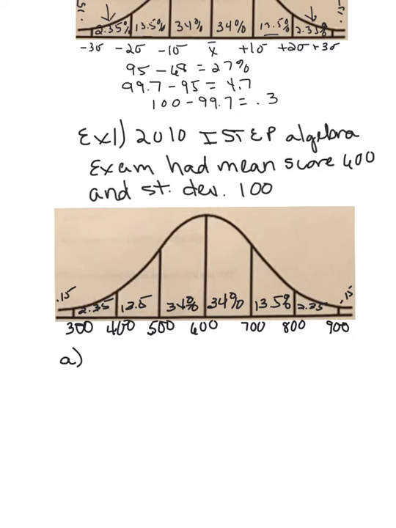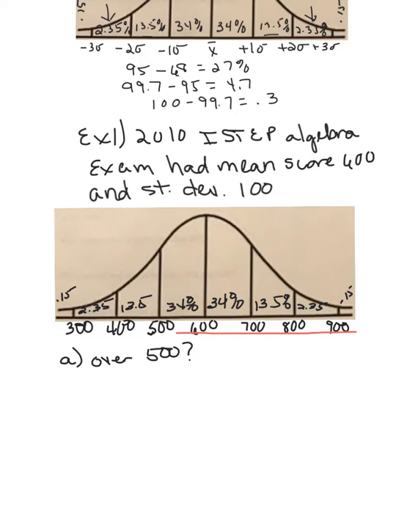What percent of the students who took the ISTEP had a score over 500? So we're going to look for where 500 falls on our normal curve. It's the first bar to the left. Everything over 500 is all of these sections together.